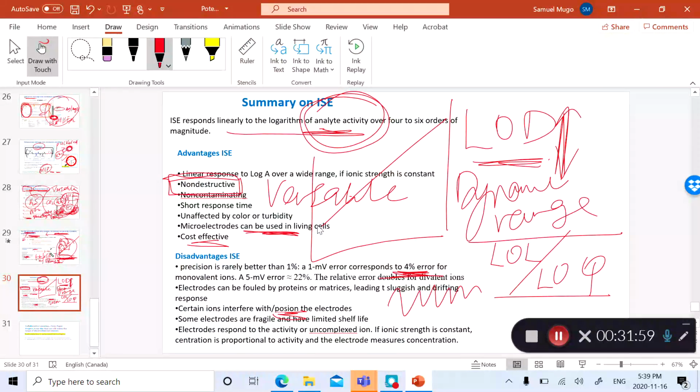That's a very important advantage: you're not consuming the sample anytime you're using ion selective electrodes. Also, they tend to be less affected by matrices compared to the other techniques. So think of other advantages that you can add to this list.